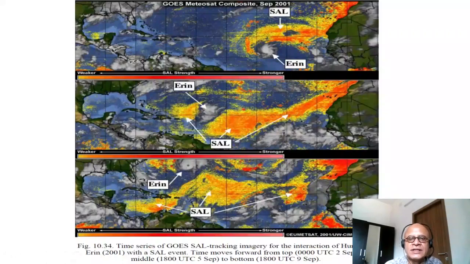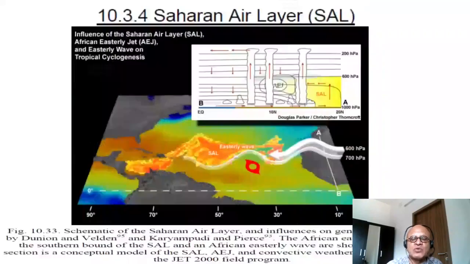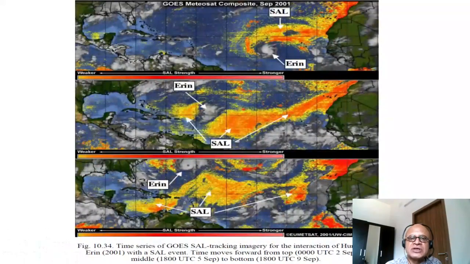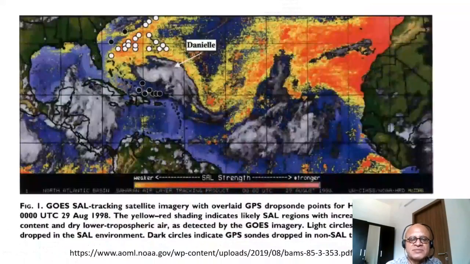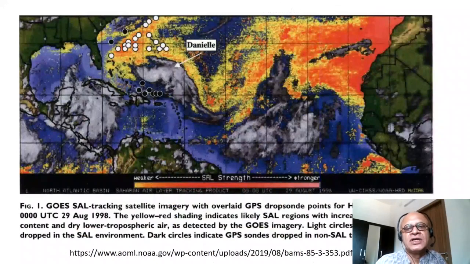Okay, so the exact conditions of SAL, easterly jet, African easterly waves. There are still African easterly waves along with the jet and the SAL, so you can see the easterly waves there. So the combination is going to be very complicated, especially for models to include in the cyclogenesis and evolution of the cyclone.